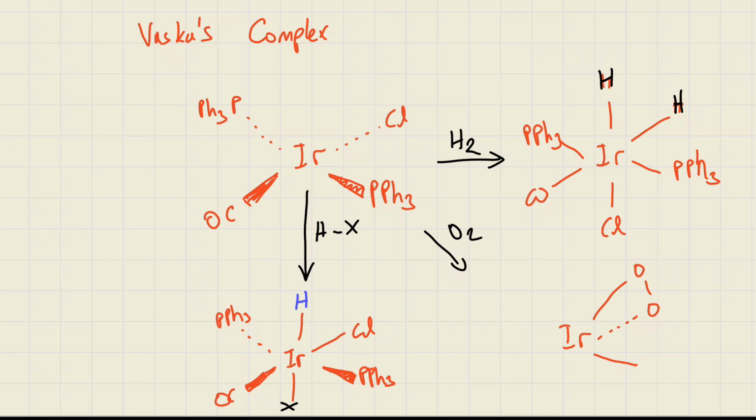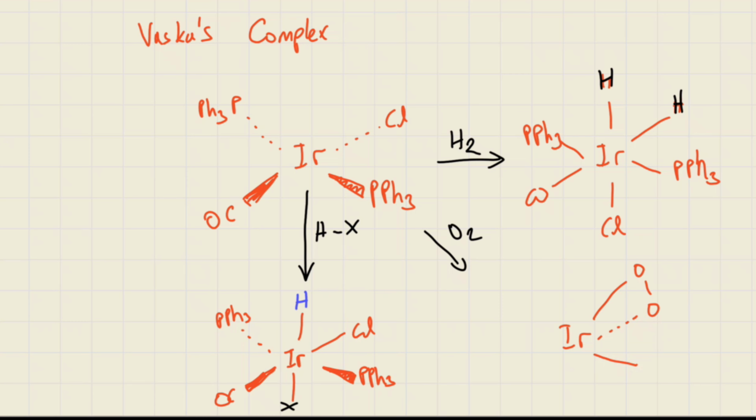So I want to talk about the concerted addition. This is another important part. For instance, we have an iridium metal center, and it will interact with hydrogen. The orbitals of the iridium are not empty, of course, and hydrogen can be added with this kind of mechanism.